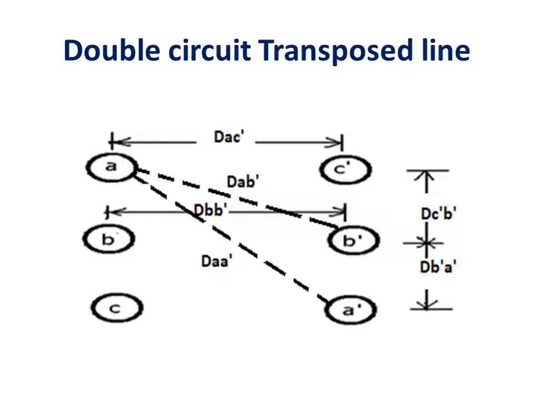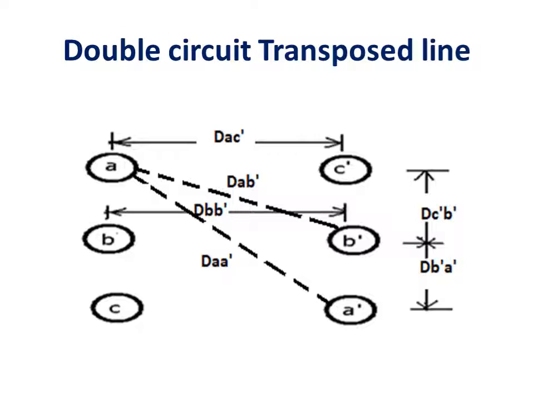So a total of 6 conductors will be there in a single tower. Since in a long transmission line, to make the inductance the same, we'll be going for a transposition. Therefore, in this particular circuit, we have taken a double circuit with transposed line.